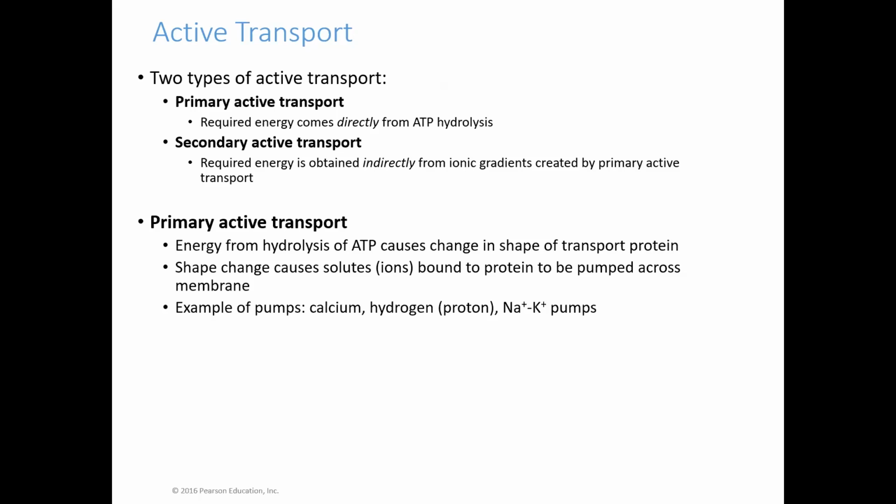If we didn't keep that concentration high, then we couldn't drag glucose in with it. And that is secondary active transport. Secondary active transport doesn't require any more ATP. We use the ATP to pump the sodiums out, but as they leak back in, they bring along glucose.